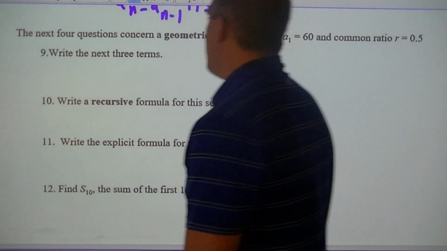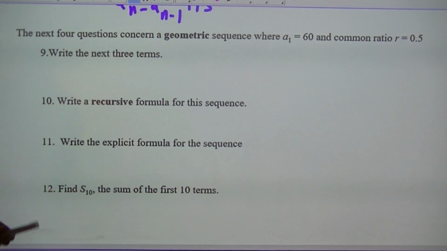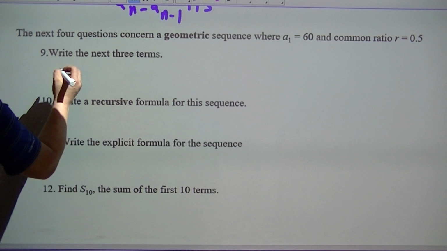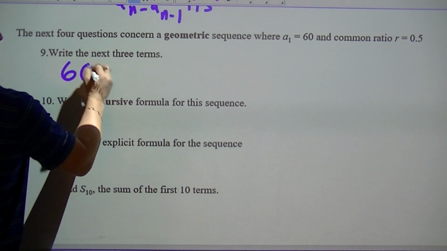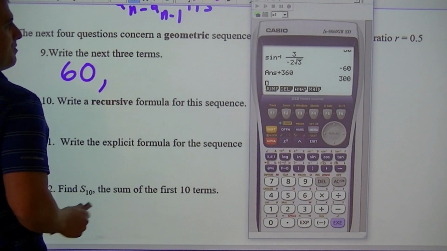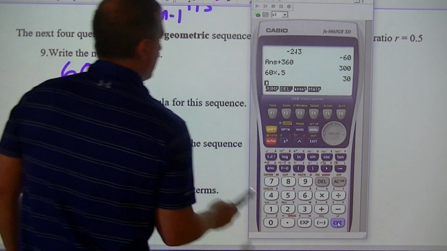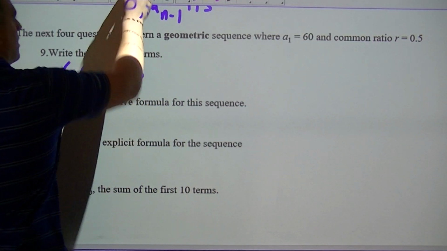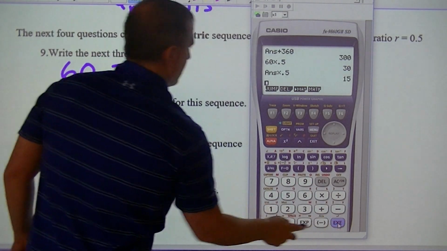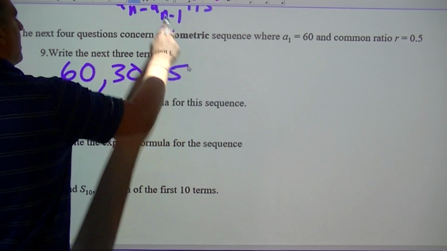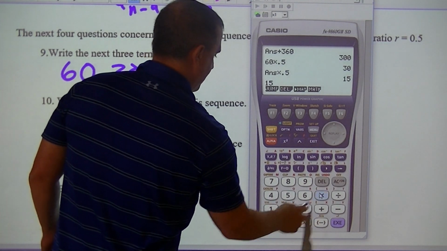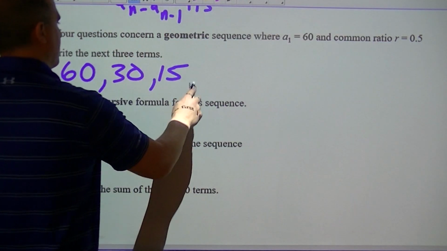Geometric formula. Write the next three terms in the sequence. So A1 is 60. Now the pattern is going to be multiplication. So what I'm going to do is 60 times 0.5, which would give me 30. 30 times 0.5 would give me 15. And 15 times 0.5 would give me 7.5.